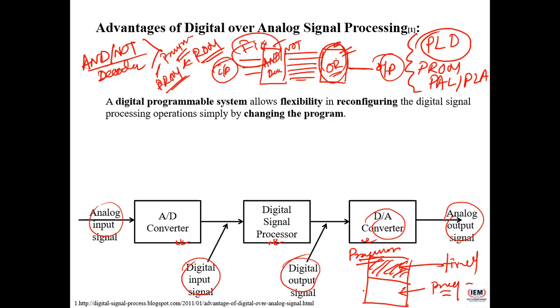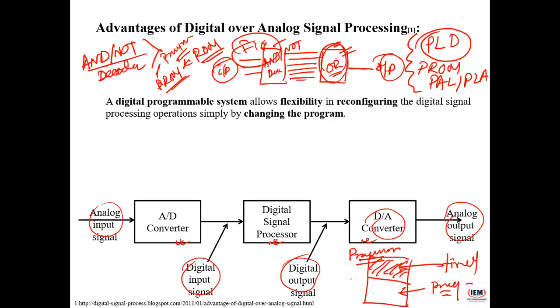That's why I have written here: a digital programmable system allows flexibility in reconfiguring the digital signal processing operation simply by changing the program.